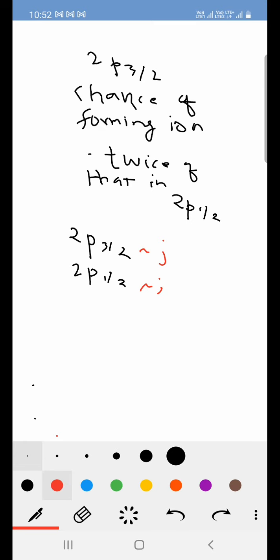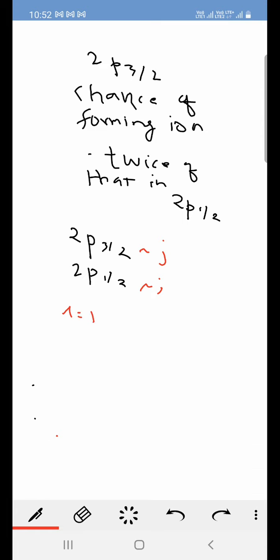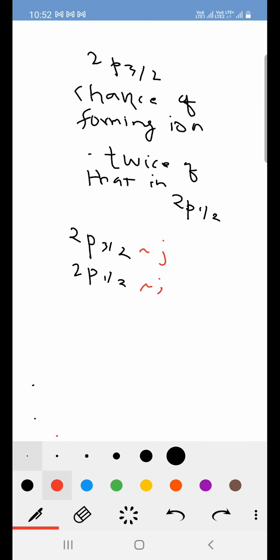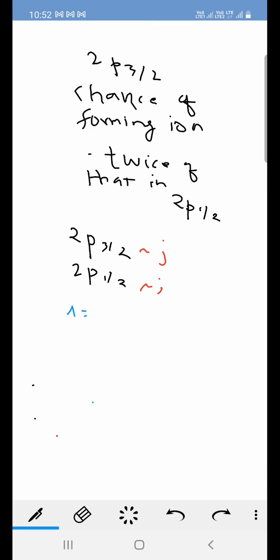When we are considering the electron LS coupling, L is equal to 1 for the p state, and S is 1/2. So when they couple, it becomes L plus S, 1 plus 1/2, which is 3/2, or 1 minus 1/2, which becomes 1/2. So these are the J levels that we talked about.